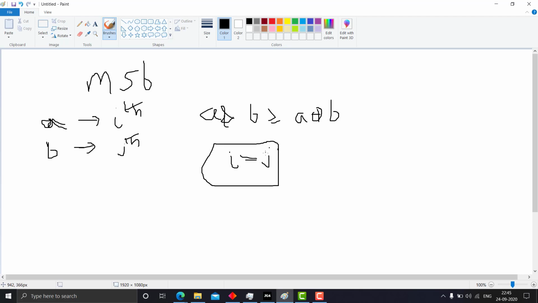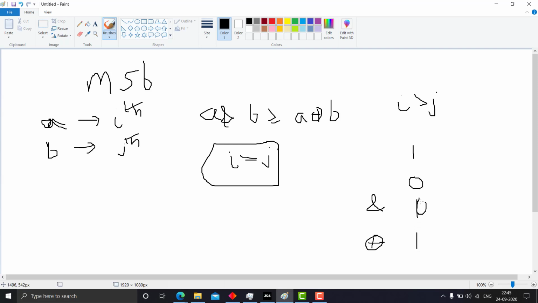Now why is this? Consider that i is not equal to j. Without loss of generality, we assume that i is greater than j, because otherwise we can swap those numbers. Now in the most significant bit, in the ith position, a has a 1 while b has a 0. So in the AND operation this bit is 0, and in the XOR this bit is 1.